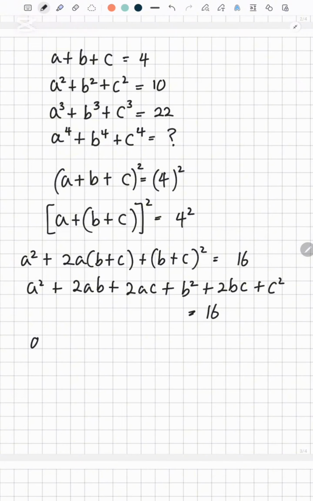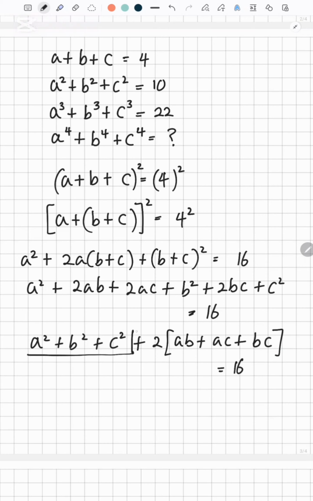So we have a² + b² + c² plus, and now we have 2 common in 3 terms, we can take 2 out, and you can write 2(ab + ac + bc) = 16.